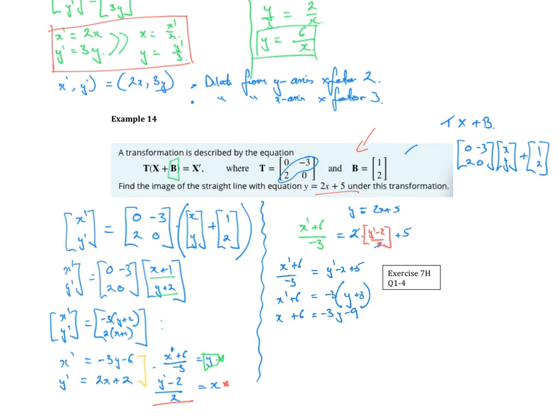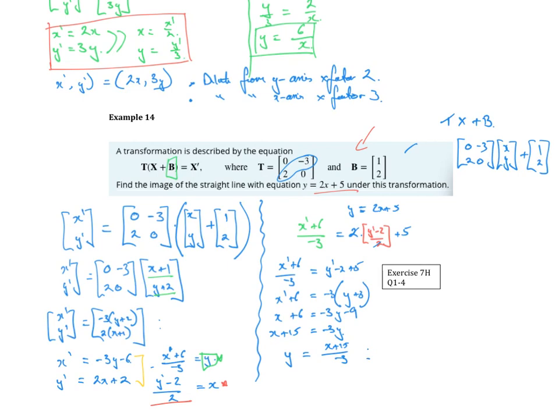So really we tend to get y equals, don't we? So if I take the 9 over, I'll get x plus 15 is equal to negative 3y. Divide everything by negative 3. Y is equal to x plus 15 over negative 3, which is my answer. I might tidy it up. I get y equals negative x on 3 minus 5. So that's my new equation under that particular transformation.